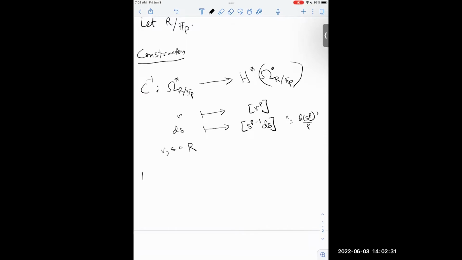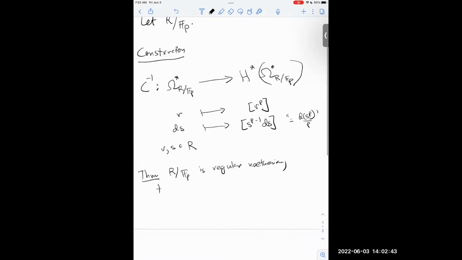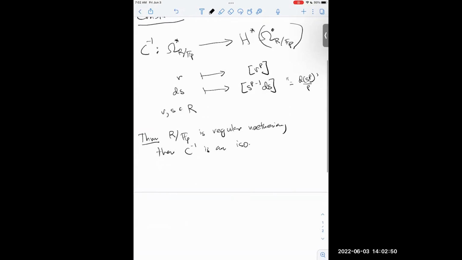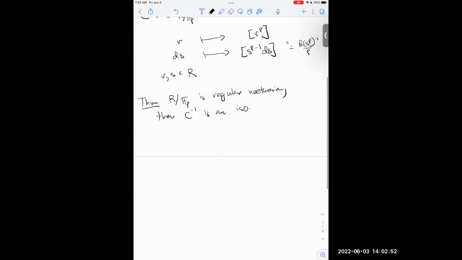And so then there's the following basic theorem, which is that if R over F_p is regular Noetherian, then C inverse is an isomorphism. Let me just briefly recall a proof of this theorem. So first you can check directly for a polynomial ring.